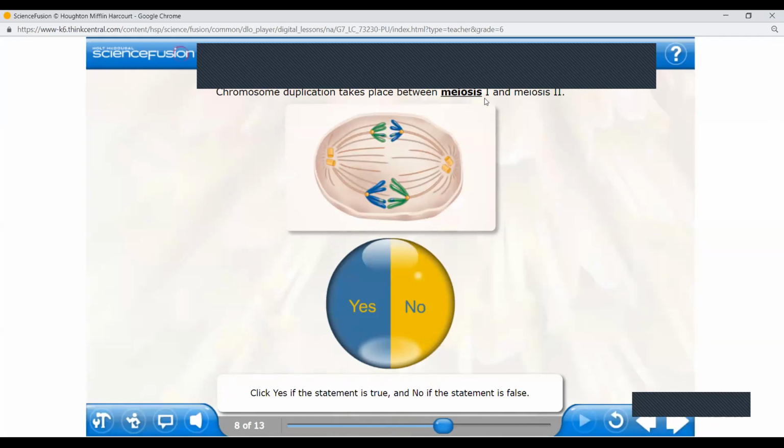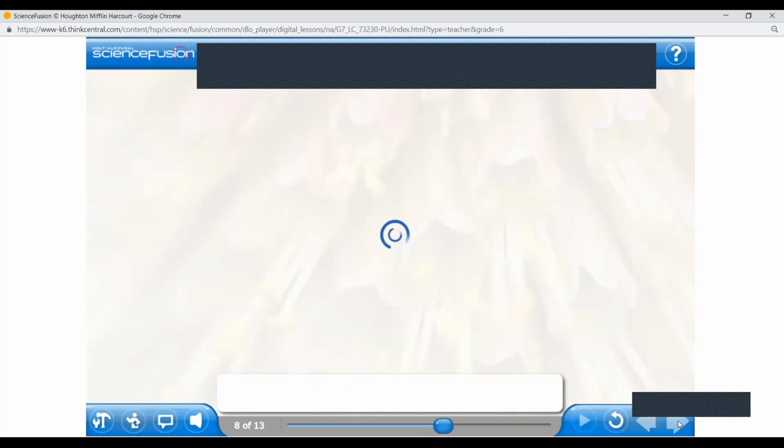Chromosome duplication takes place between meiosis I and meiosis II. Yes or no? Yes. That's not correct. Chromosome duplication does not happen there. What divides? Do the chromosomes become double or does the cell become double? The cell divides, right? That's why it's wrong here.